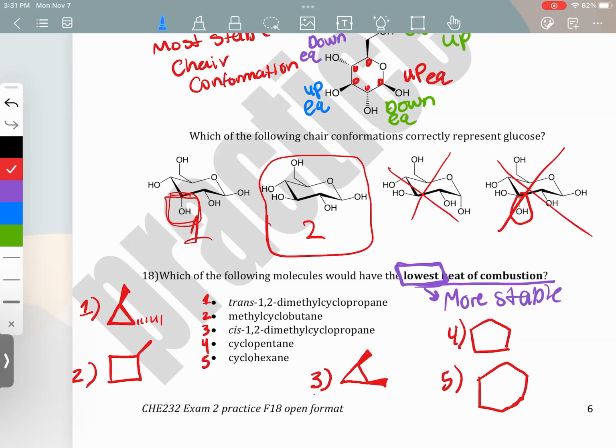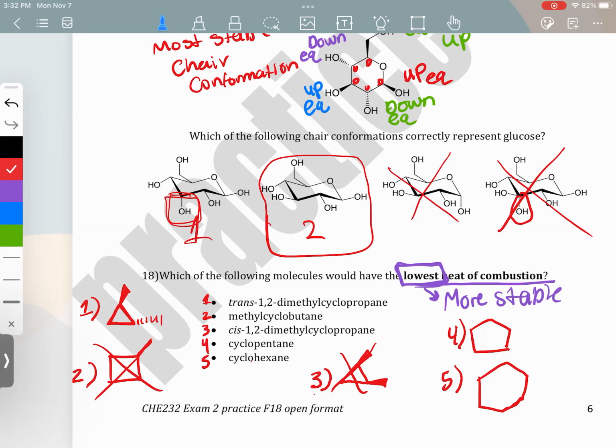You definitely know you can eliminate 3 because both those methyl groups are going in the same way. That molecule is definitely not stable because of steric hindrance.